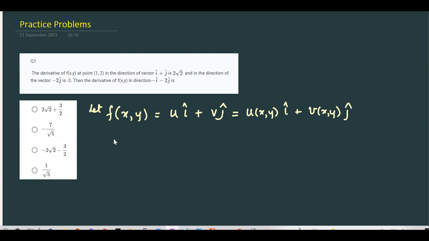Now let us say this vector is a bar, I plus j. So a cap will be I plus j by the modulus of I plus j, which is under root 2, the root of the squares of the coefficients, one under root of 1 square plus 1 square.